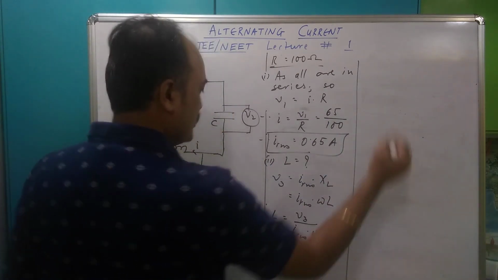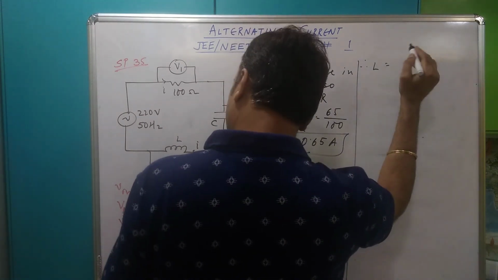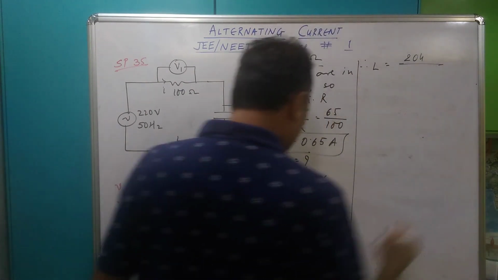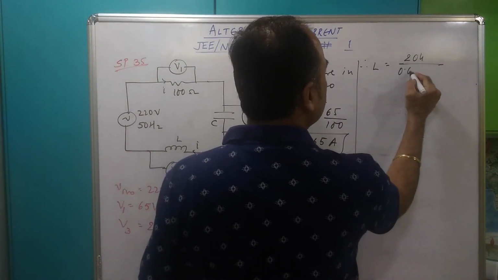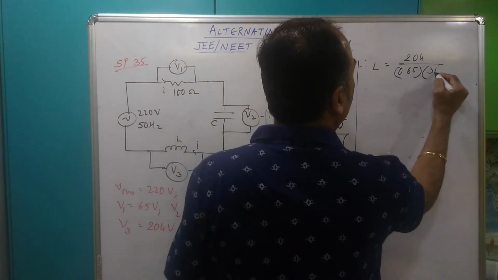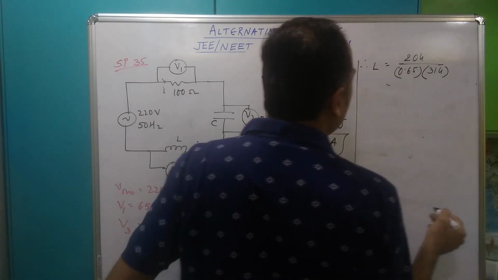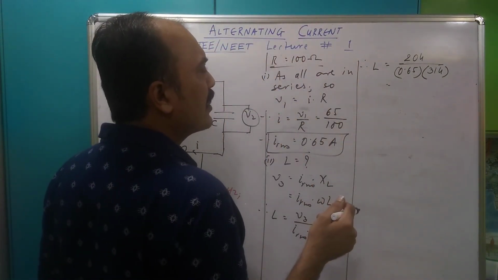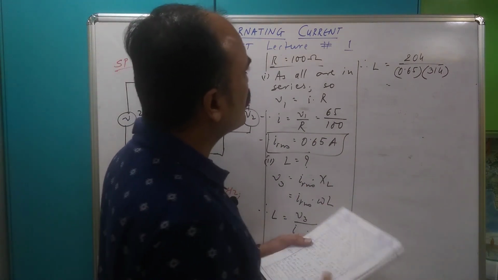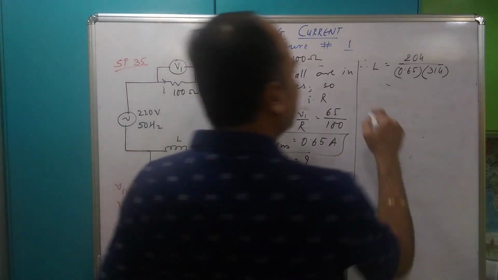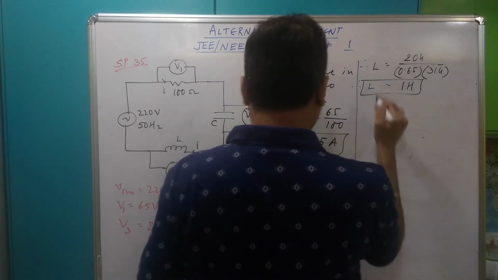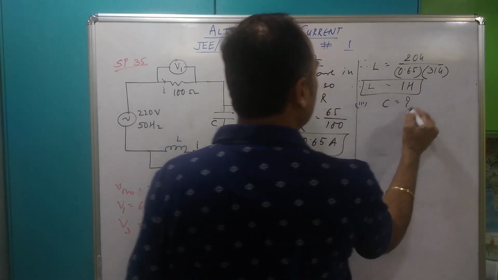V3 इंडक्टर के अक्रॉस, यस 204, and IRMS 0.65 into ओमेगा 314. ओके 0.65 into 314 करीबन 3 से डिवाइड कर लूं 200 के आसपास, तो 204 बाई 200 करीबन 1 के आसपास. ओ यस, so 204 बाई 200 करीबन 1 हेनरी.